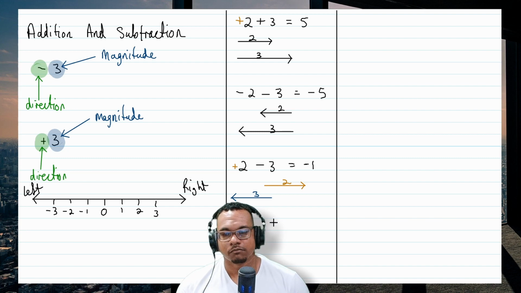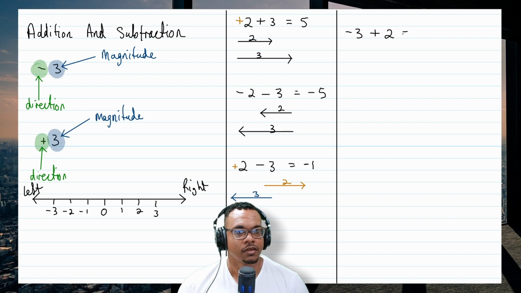All right, let's look at if I switch things around, the 3 is the bigger one now. So if I have -3 plus 2. Now, some students like to say, hey, look at the plus sign in the middle here, I'm going to add 3 and 2, but no. Remember, it's like forces. So I have 3 going to the left this time, so say 3 going this way.